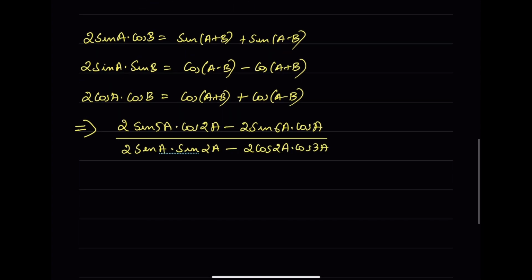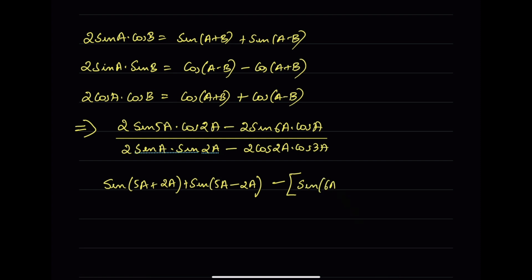Okay, so now the first part in the numerator can be changed to sin of a plus b plus sin of a minus b. So that will be sin of 5a plus 2a plus sin of 5a minus 2a, and minus, be careful with the brackets. Now again it is sin of 6a plus a plus sin of 6a minus a.